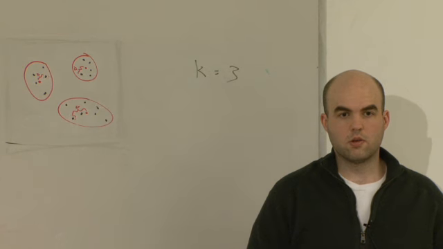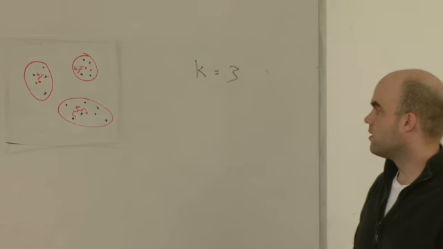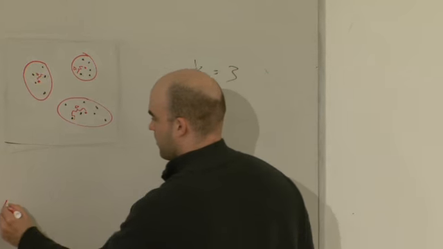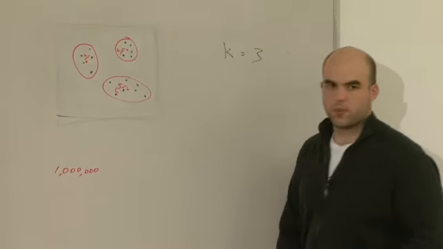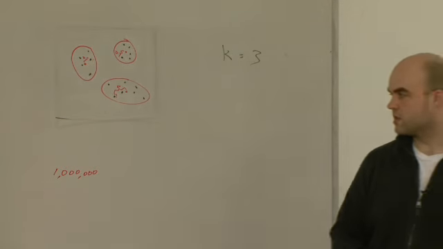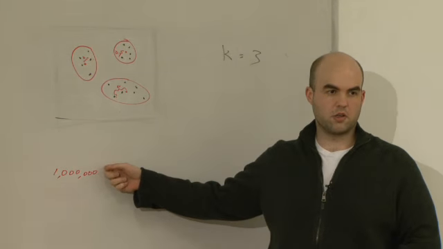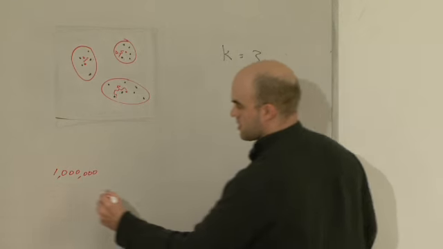More efficient. Yeah. So let's say that I have 1,000,000 points. If I were to hierarchically cluster these, that means that I'd start off with 1,000,000 clusters. And then on each iteration, I'm just going to reduce it by 1.